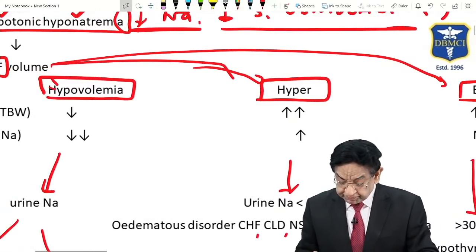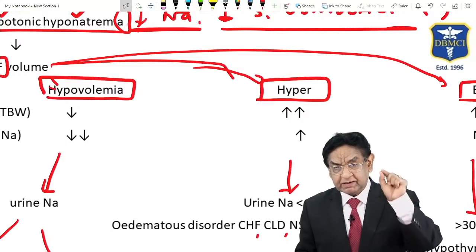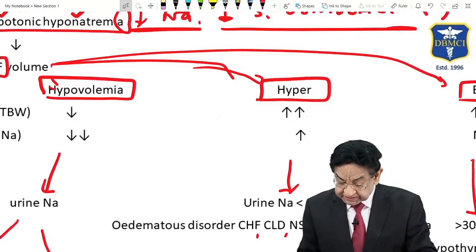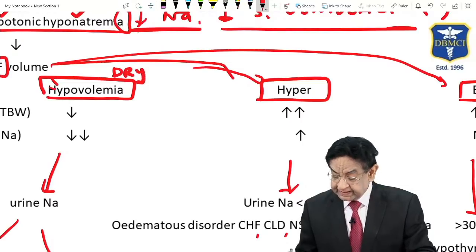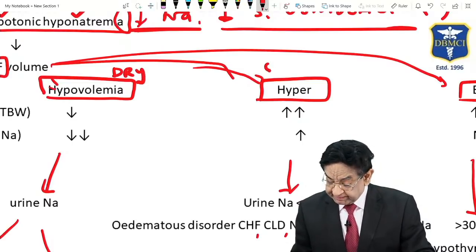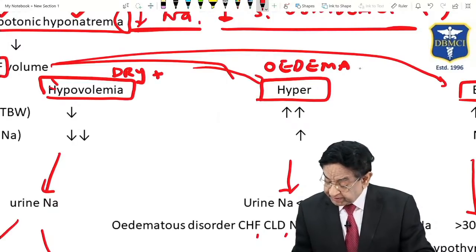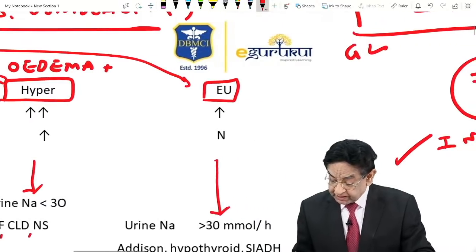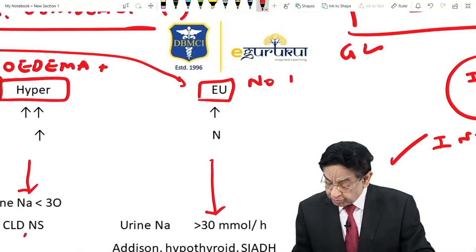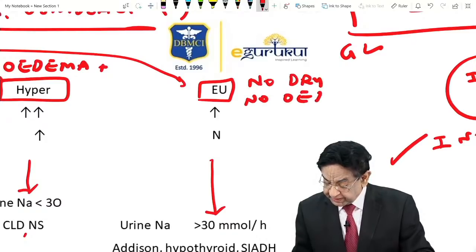And I told you that in hypovolemia, one classical clinical finding is dry tongue. And in hypervolemia, we get edema. In euvolemia, no dry tongue and no edema.